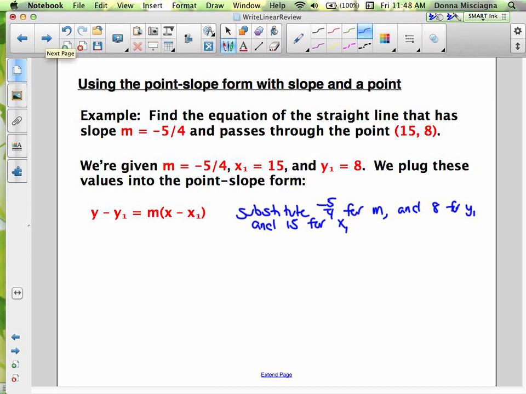So I had to put the slope first. So we have y minus 8 equals -5/4 x minus 15.